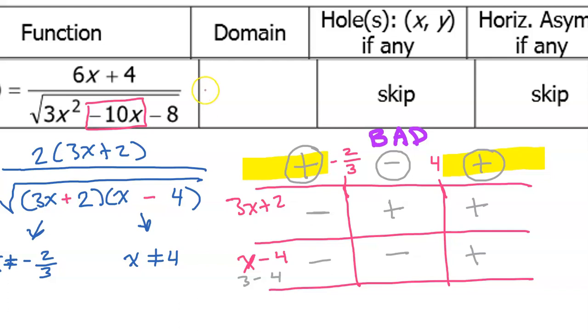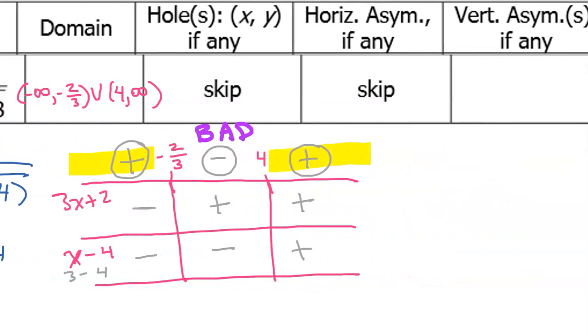Okay, so let me see if I can just squeeze this in small. So I'm going to have negative infinity to negative 2/3 union 4 to infinity. So there's my domain.